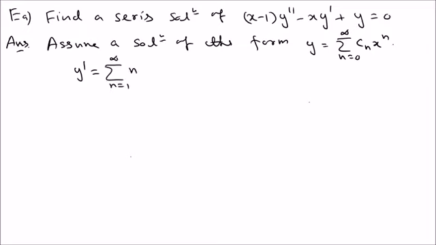So you get n c n x to the n minus 1. Take one more derivative. The new first term goes away because that's a constant, so you start with n equal 2. Then you have one more factor: n minus 1 times c n, no change, x to the n minus 2 now.